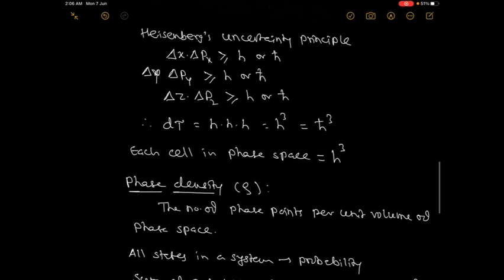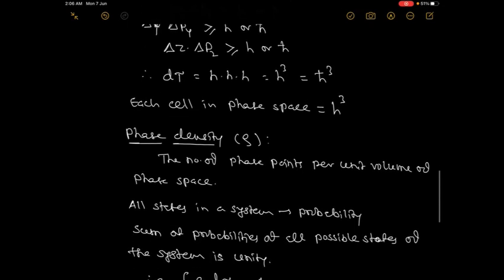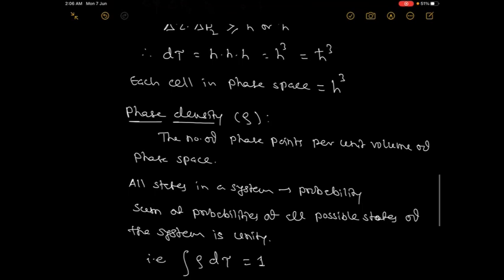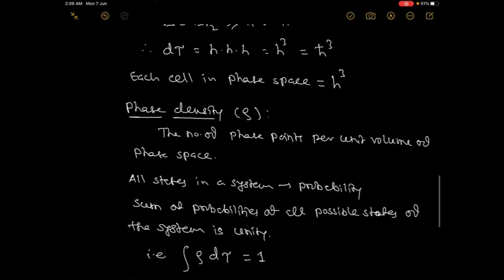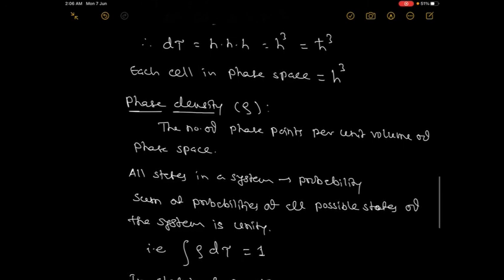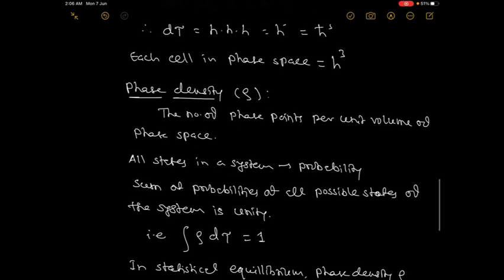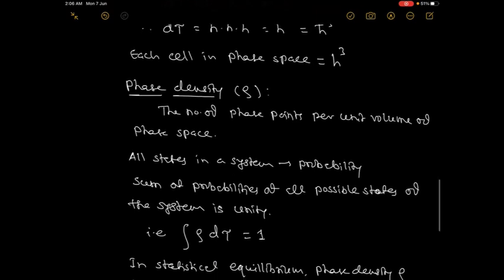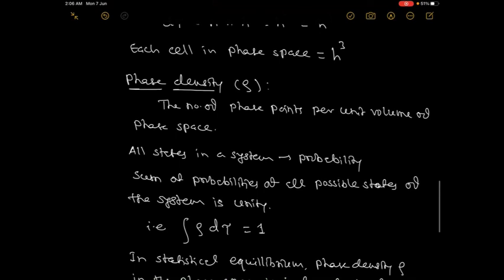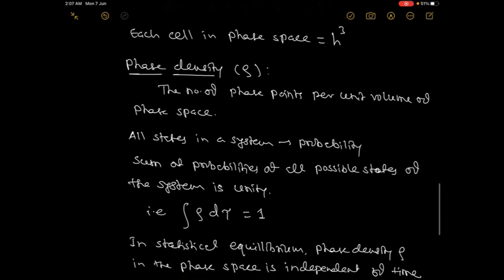Then we find phase density, the number of phase points per unit volume of the phase space. If all states in the system are related to probability, then the sum of probabilities of all possible states of a macroscopic system remains unity, that is, the integration of rho d tau equals 1.